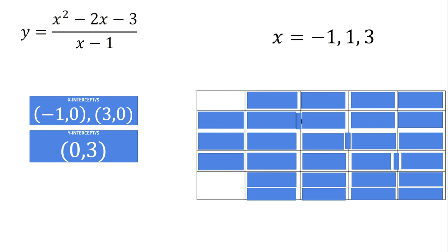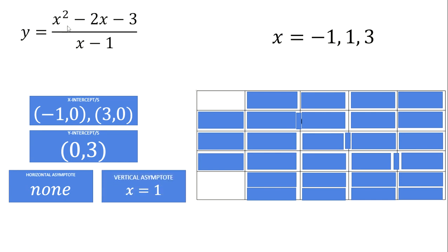And then for the asymptotes, for the vertical asymptote, we have x minus 1 equal to 0, so that's x equals 1. While for the horizontal asymptote, as you can see here, there's none. Why? The degree of the numerator is higher than the degree of the denominator. So in this case, we need to divide this to identify another asymptote, which is called the oblique asymptote. We need to identify the quotient of this to get our oblique asymptote.